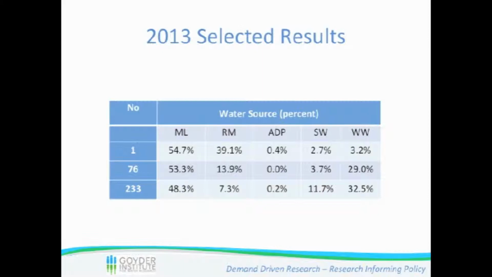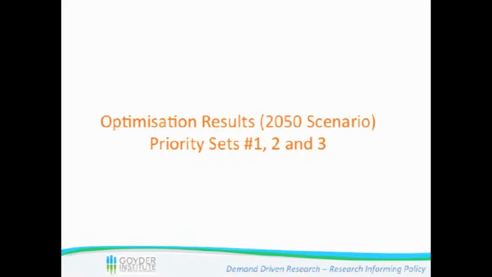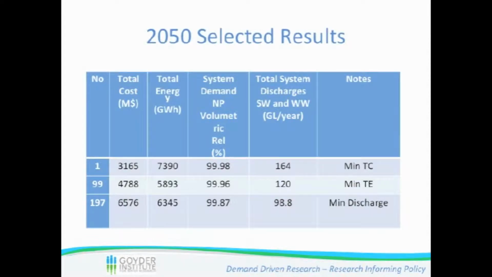Wastewater reuse goes from 3% up to about 32%, supplying 32% of the demand, and there is greater stormwater use, but much more wastewater than stormwater, partly because it's more cost effective to do that. And the desalination plant doesn't supply very much water at all because it's fairly expensive and energy intensive.